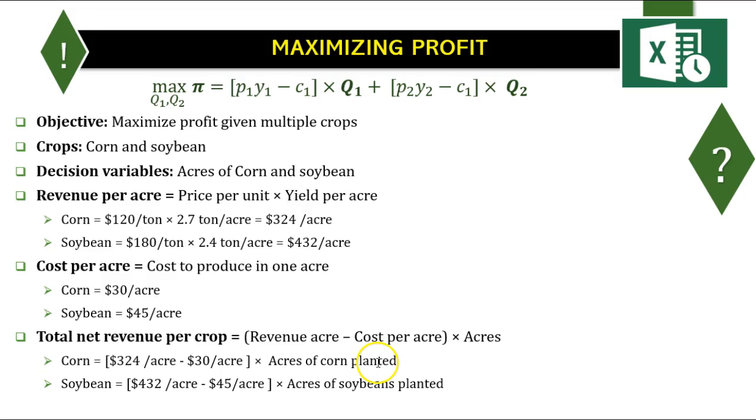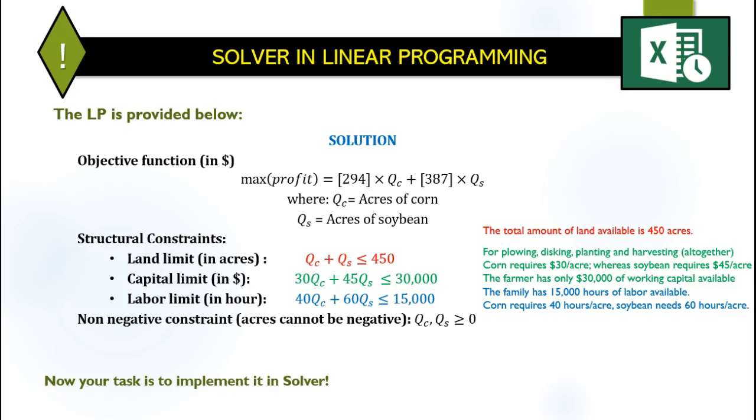Therefore, the final units will be only in dollars. This results in this objective function. 294 is the net revenue per acre of corn and 387 is the net revenue per acre of soybean.